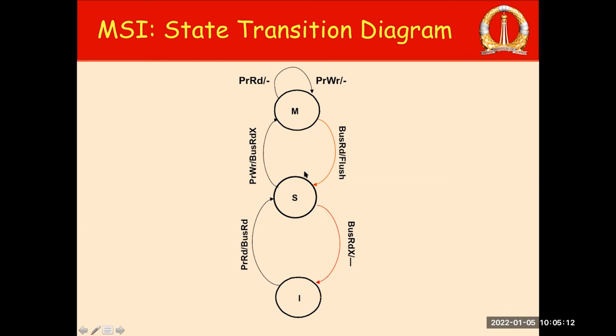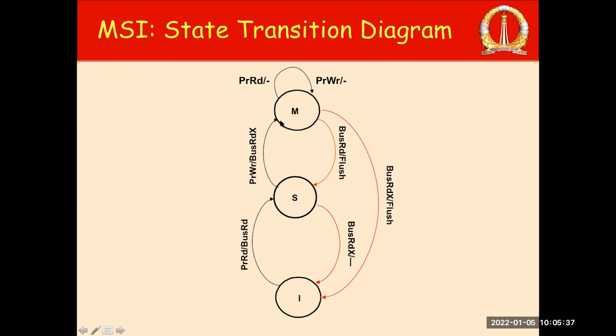If the data is in the shared state and some other processor wants to write into this data, then it is going to generate this bus read exclusive signal. And when you see this bus read exclusive signal, you have to invalidate your copy because somebody else wants to modify this data. Okay, a couple more arcs here.